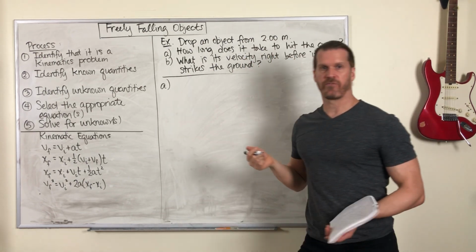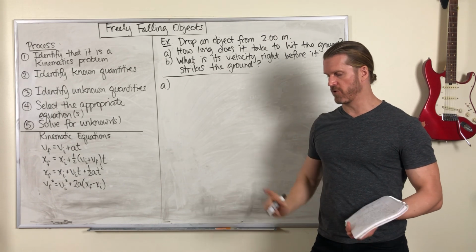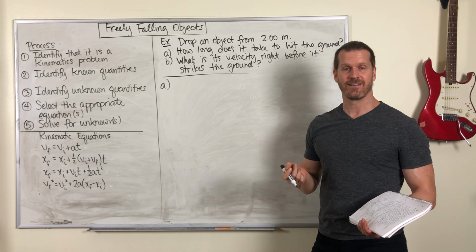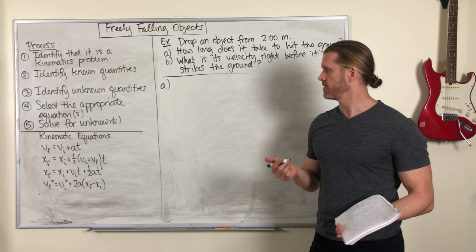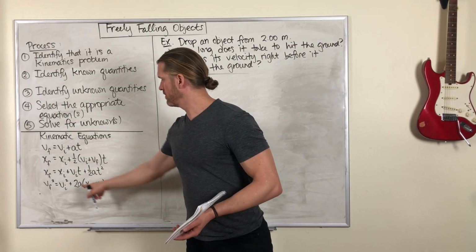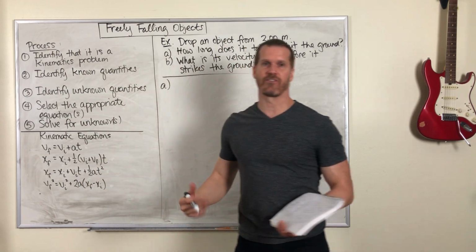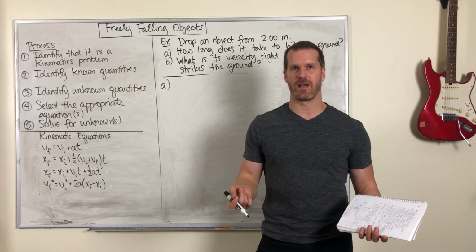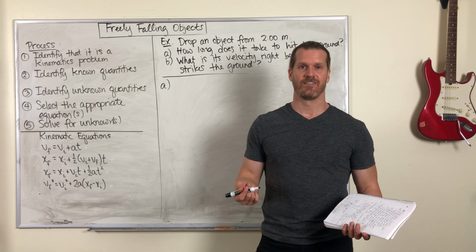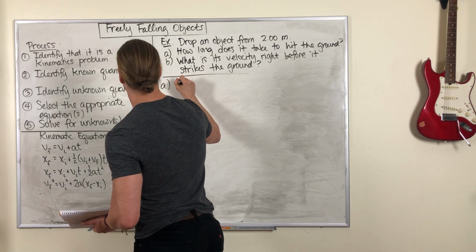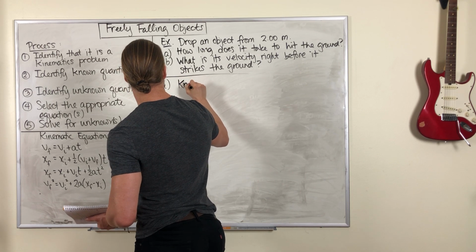And a lot of times when we're dealing with vertical motion, it's just traditional to use y as your variable instead of x. So I'm going to use y, but these kinematic equations are exactly the same. Just replace all the x's with y's. It doesn't matter. So here are our known quantities.